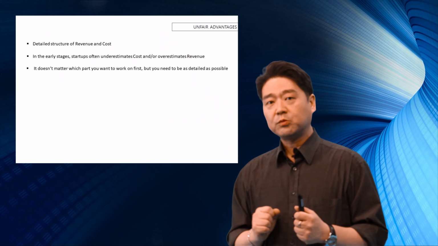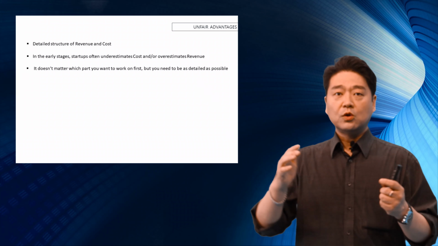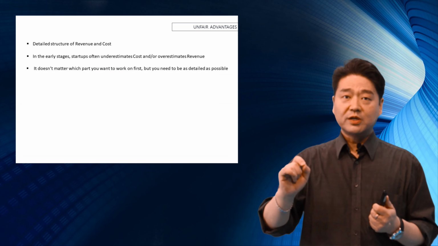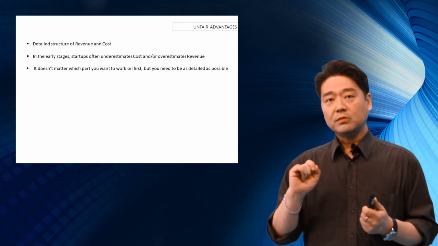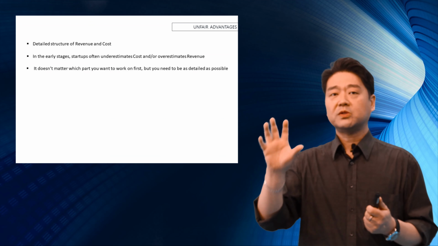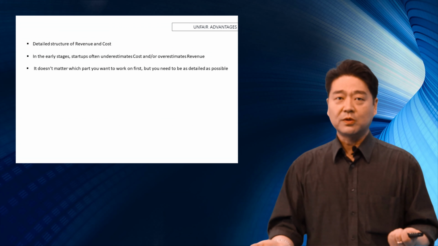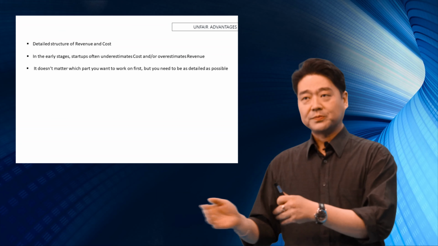Every time you hear something from your customer, every time you hear something from your stakeholder, we will update it. We will make it better. And cost structure and revenue stream are not the exceptions. So you don't have to have a 100% correct profit structure. You just need to be as detailed as possible so you can rule out the wrong assumptions later on.